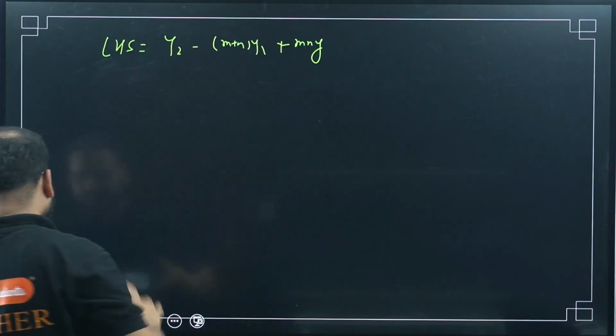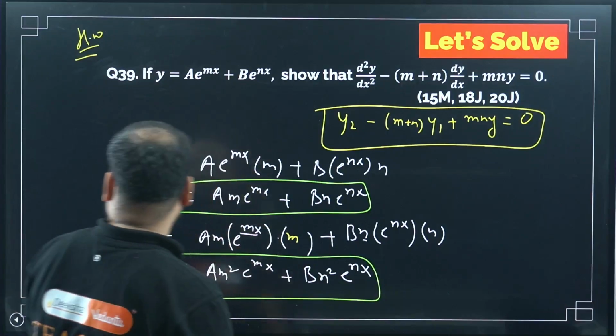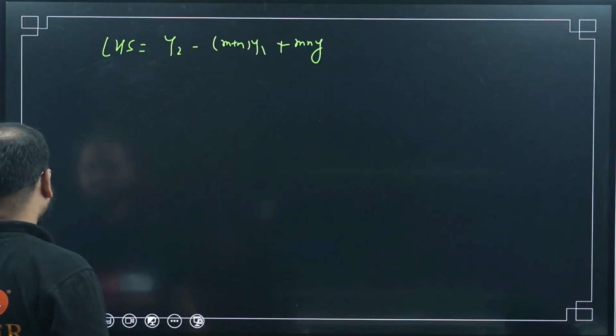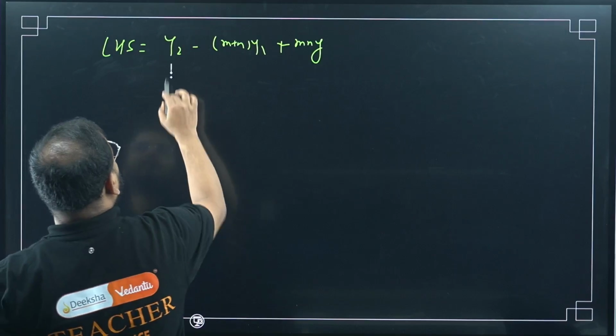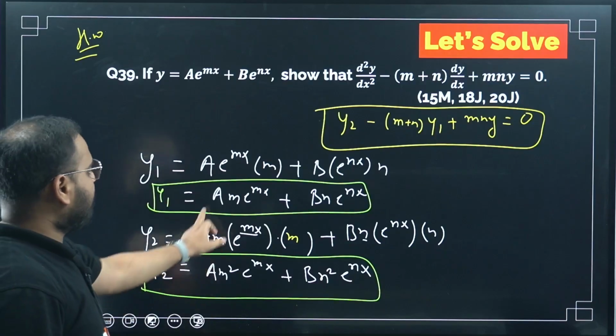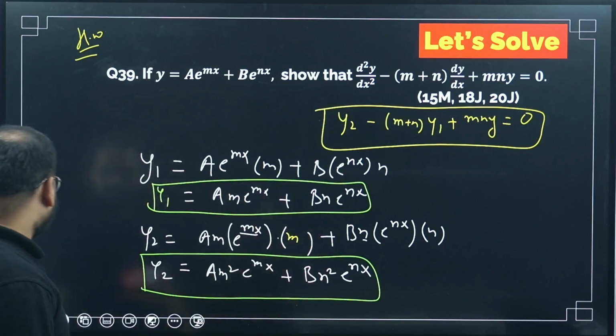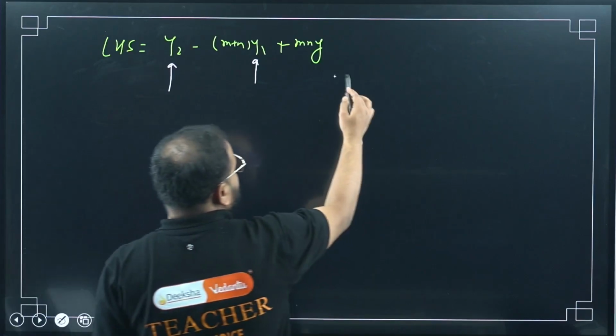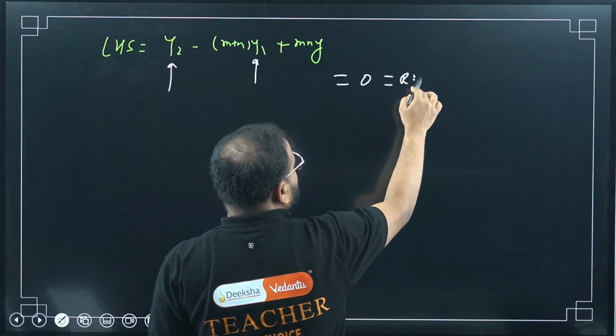So take the LHS and put the value of y2 here and y1 here. What are the values? Check here. y2 is this, y1 is this. Put the values there. You'll get the answer to be equal to 0. You'll say this is equal to the RHS, hence proved.